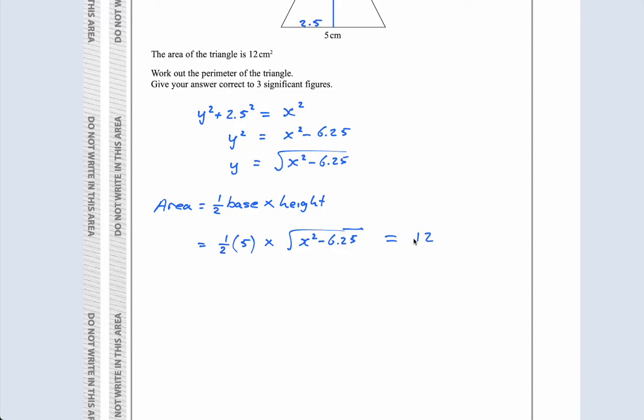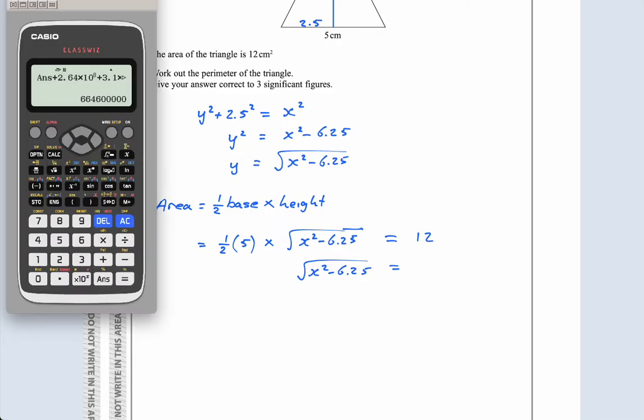So this is equal to 12, which means the square root of x squared minus 6.25 is equal to, I'm going to multiply by 2 and divide by 5, so that will remove this 5 over 2. So 12 multiplied by 2 divided by 5 is 24 over 5, or 4.8.